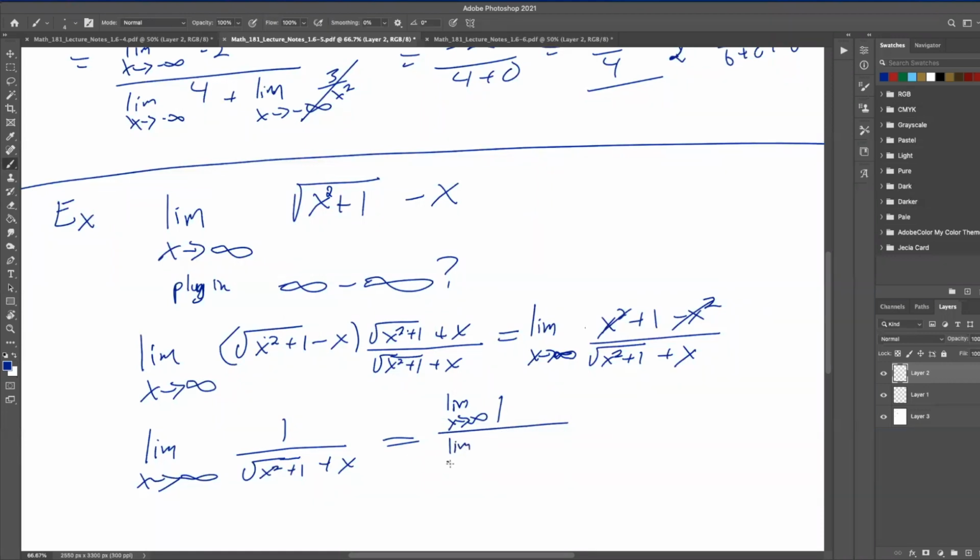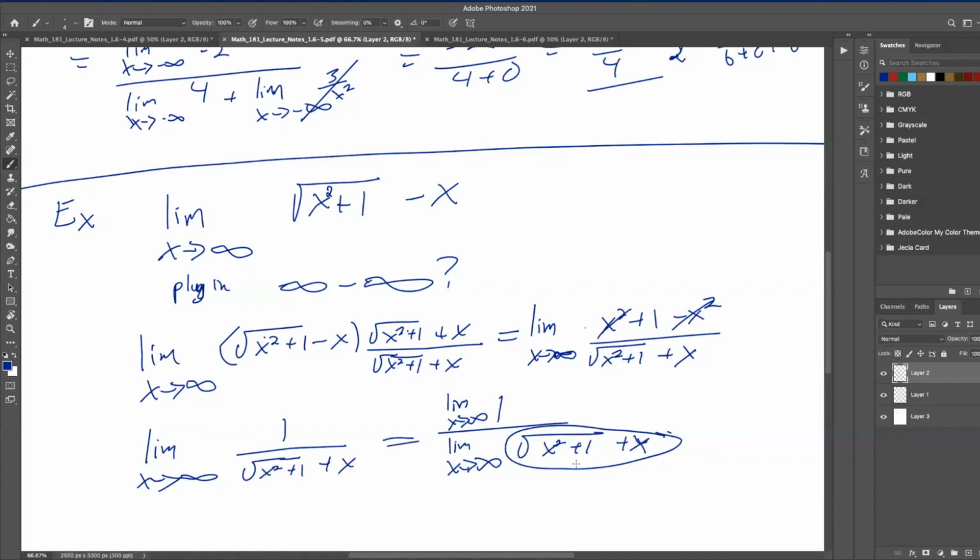And then here, the limit as x goes to infinity, I have x squared plus 1 plus x. If I'm looking at this directly, this gets infinitely large, right? The plus x gets infinitely large, and this gets infinitely large. This increases that bound, this decreases that bound.